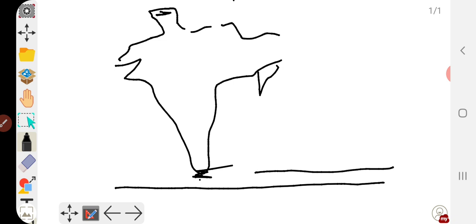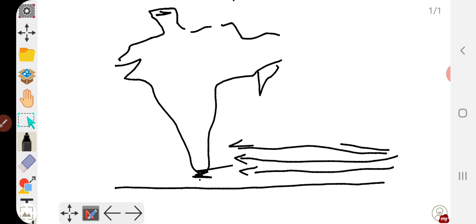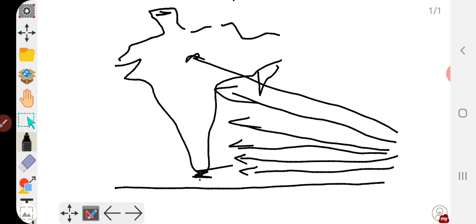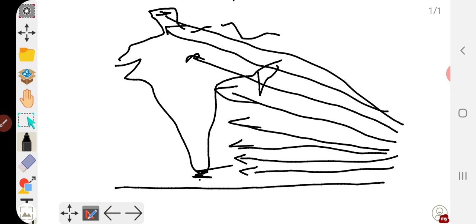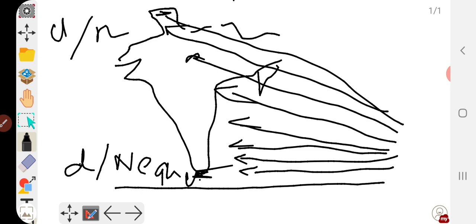So, here the sun rays are more or less vertical, but gradually when moving towards the northern part, the sun rays become more inclined. As the sun rays become more inclined, what is the result? Here the days and nights are more or less equal, and here days and nights have a vast difference.